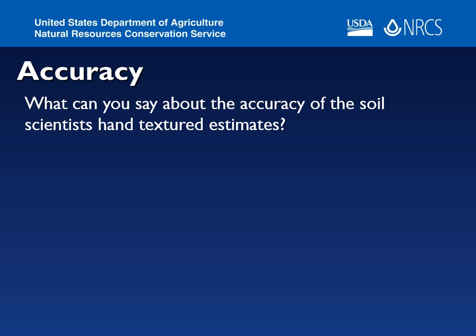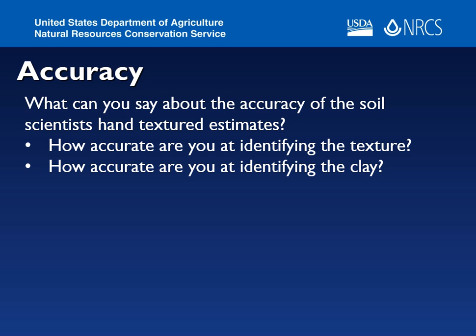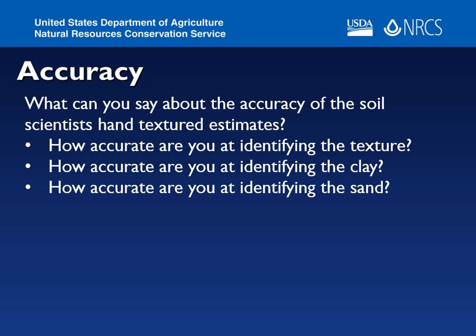So what can you say about the accuracy of soil scientists when they hand texture these estimates? How accurate are you at identifying that texture? How accurate are you at identifying the clay content? How accurate are you at identifying the sand or the silt content, whichever one you choose?